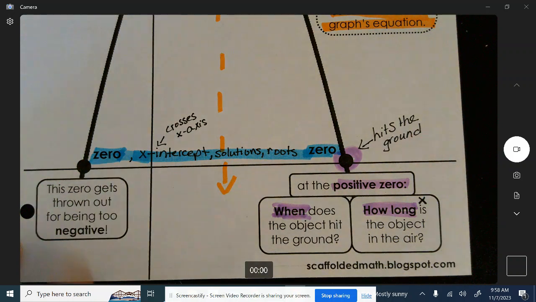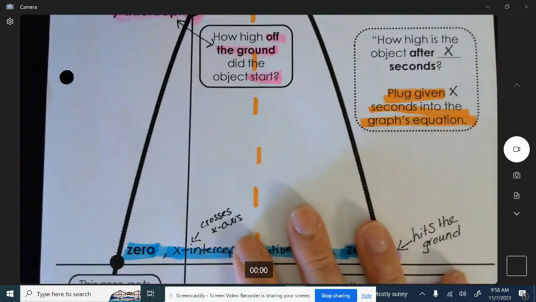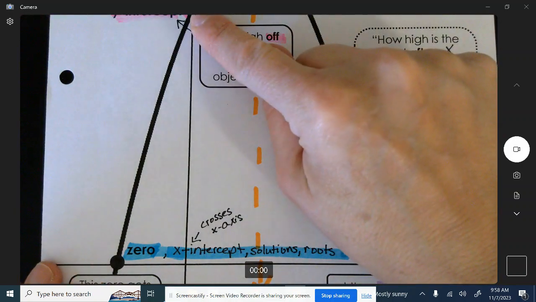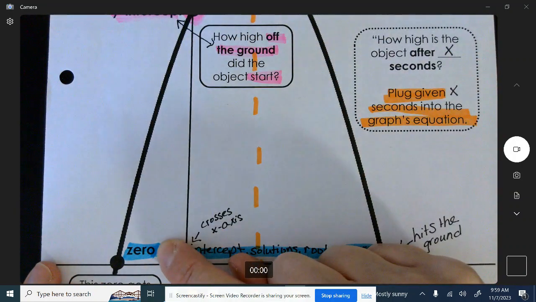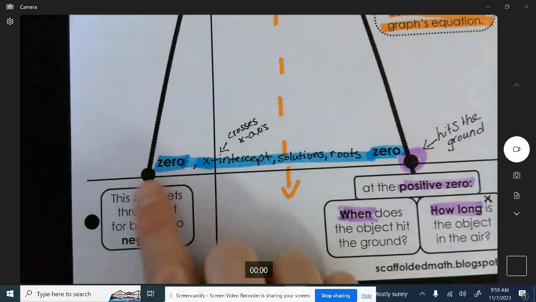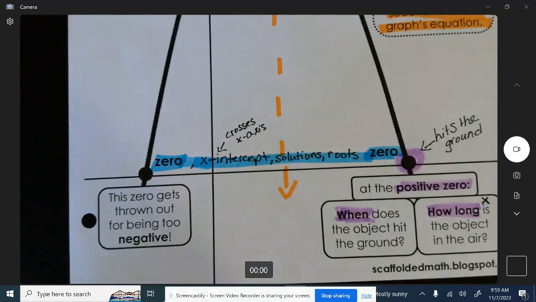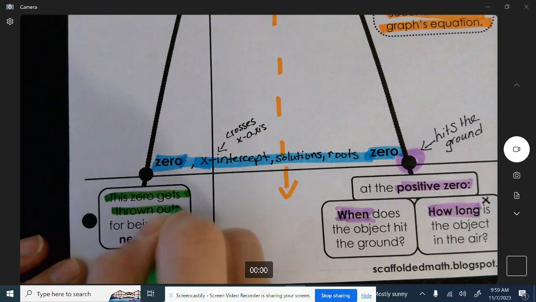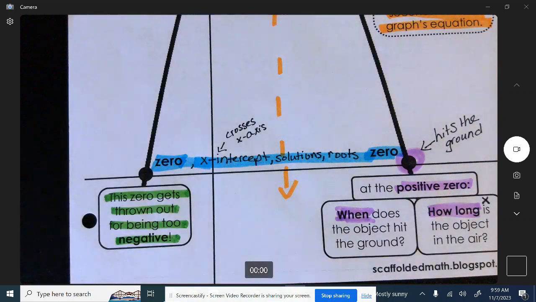Now, if we look over here at this other zero, notice that if I don't even launch my pumpkin until here, and this is before that, then this zero doesn't make any sense. It gets thrown out because it's too negative.